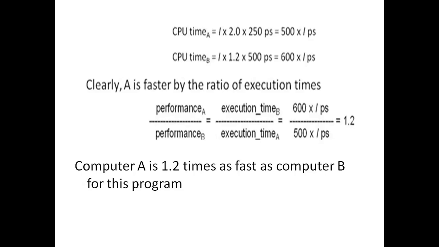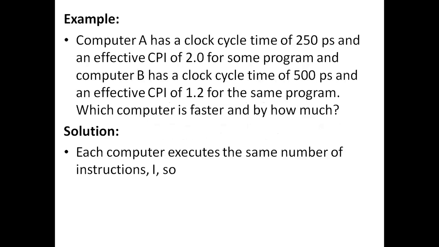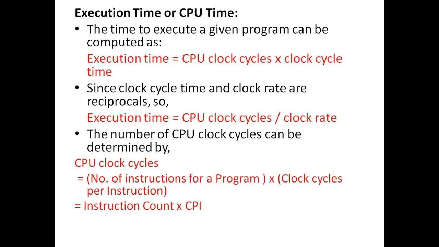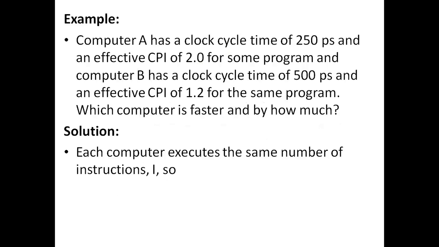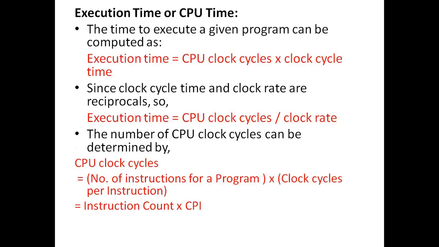So now we discuss one example. Computer A has a clock cycle time of 250 ps and an effective clock cycles per instruction of 2.0 for the same program.